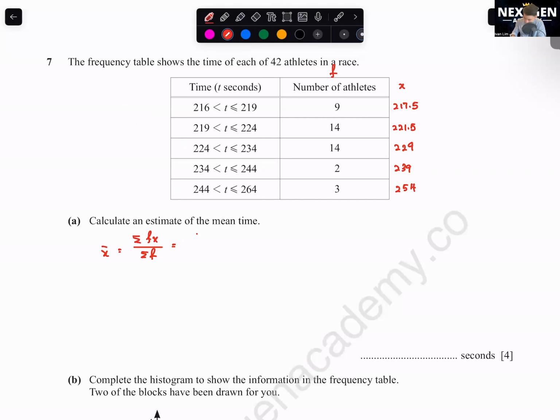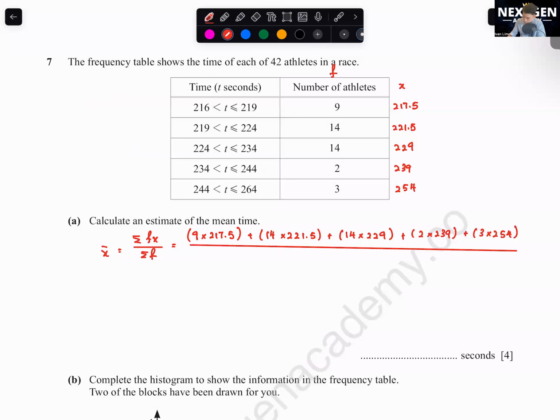So F, so 9 times 217.5 plus, I like to put it in a bracket like that, plus 14 times 221.5 plus 14 times 229 plus 2 times 239 plus 3 times 254 over F. F normally they give you in the question, 42.